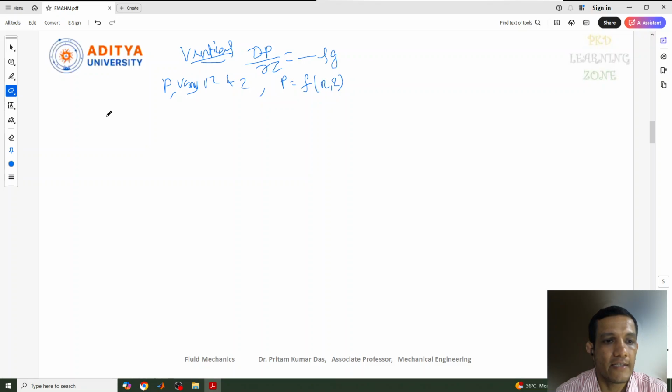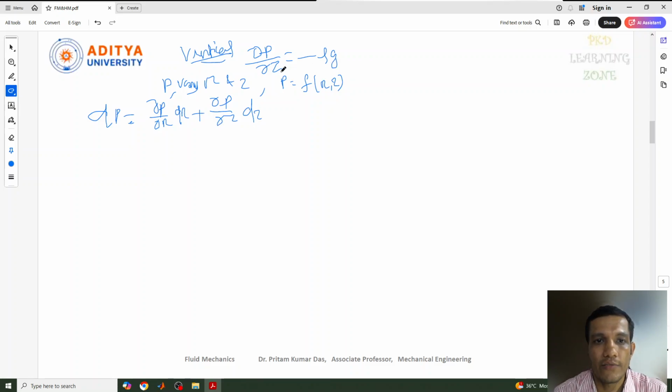So dP equal to, let me write it this way, del P by del R into dr, in terms of R. Next, in terms of Z, del P by del Z into dz. The same thing, just written in R form and Z form.